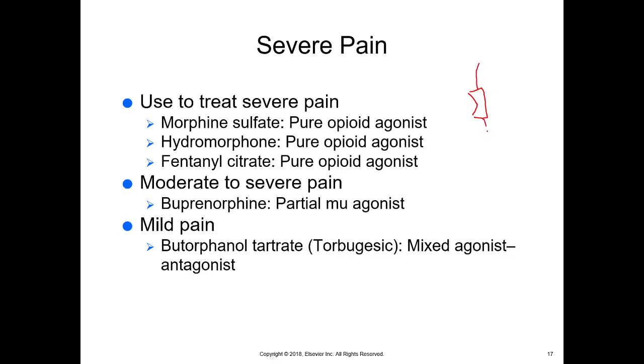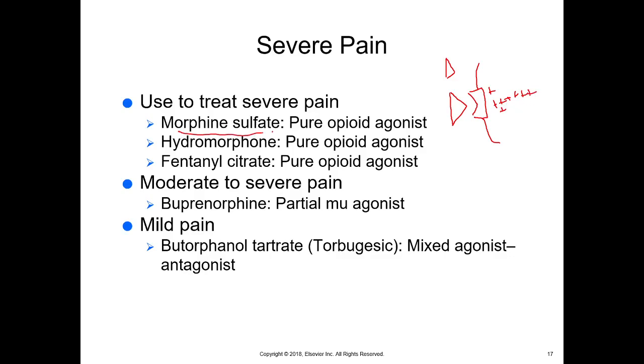So if we have a receptor on a cell, this opioid agonist, especially if it's a pure opioid agonist, is going to look just like a natural endorphin, and it's going to fit like a puzzle piece into the receptor. So it's going to create 1 or 10 times the effect that the natural endorphin would do.